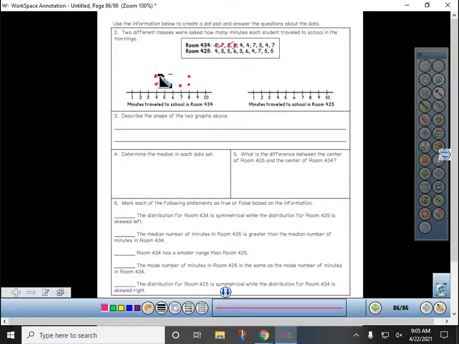Dot. Dot. Mark out. Another 7. 5. 4. And 7. Now let's do 425.